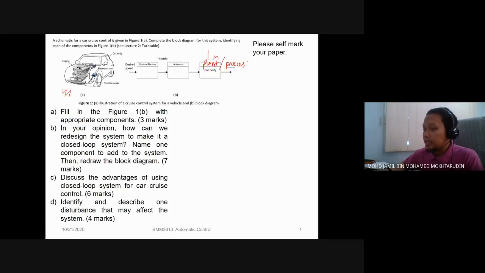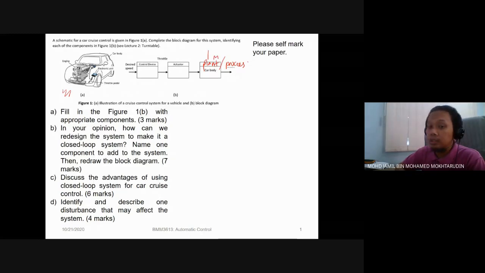All right, the next one is the control device. So the control device is the components that control the speed. Okay, so you have the input speed.